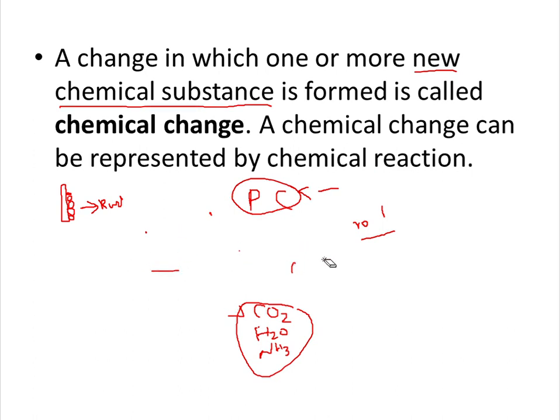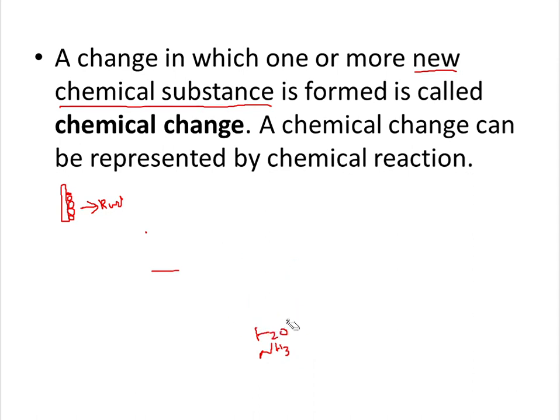Now, as chemical changes occur, in chemical changes, what is happening? New chemical substances form. Now we have seen certain examples of chemical changes.